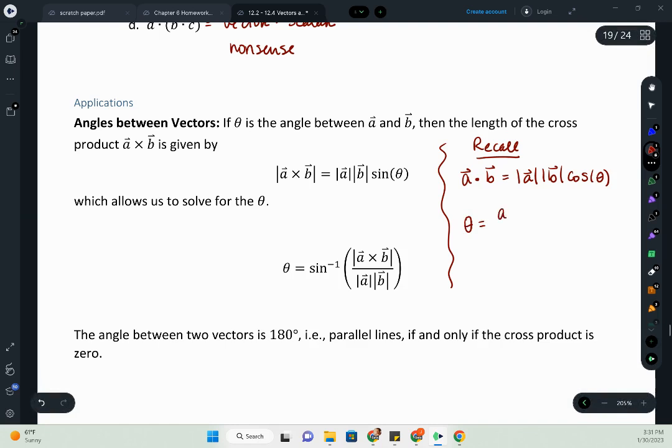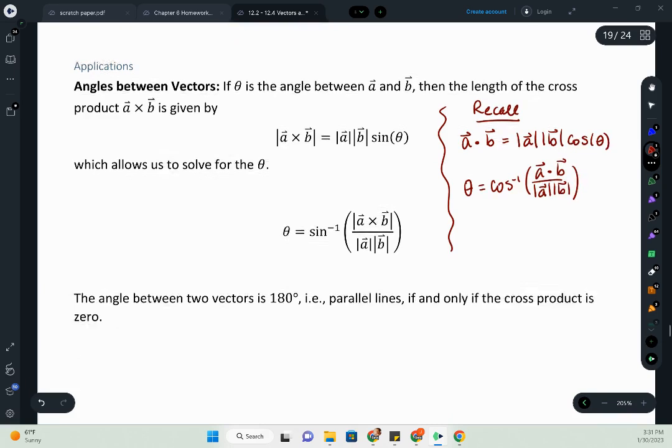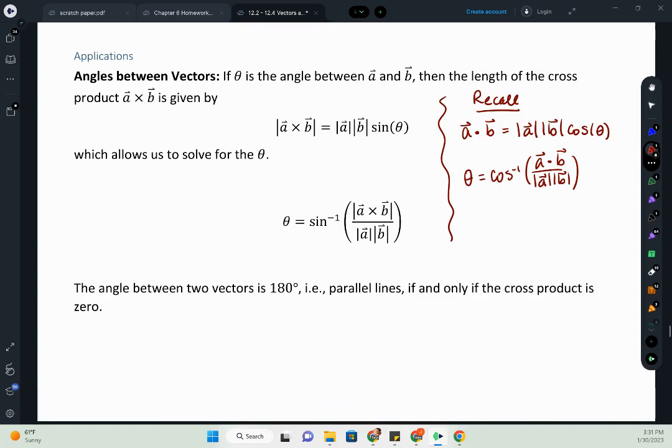We got that theta is equal to the cosine inverse of A dot B over the magnitude of A times the magnitude of B. This is different from what we're seeing right here with the sine of theta, but notice it's two different ways to find an angle between two vectors.